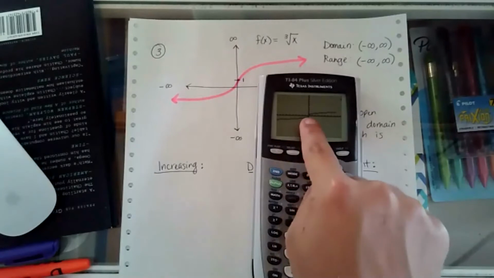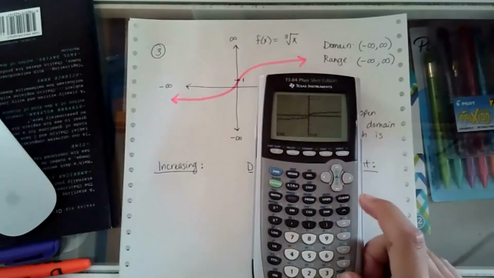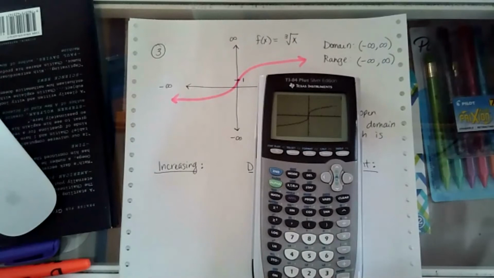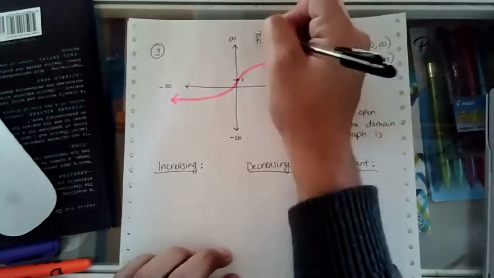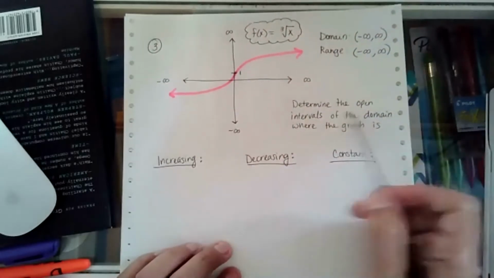It has that same shape. Maybe I can zoom in. Similar shape. Okay, so we'll talk more about these kinds of graphs later on. Don't you worry your little heads about it. But let's just move on, right?